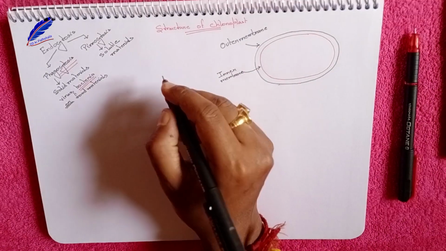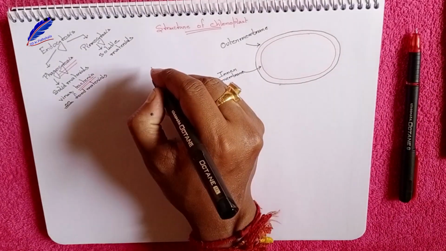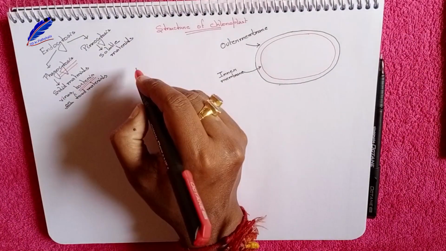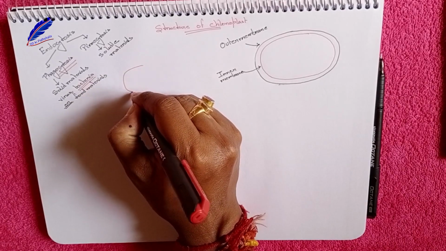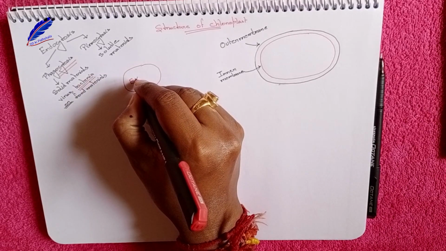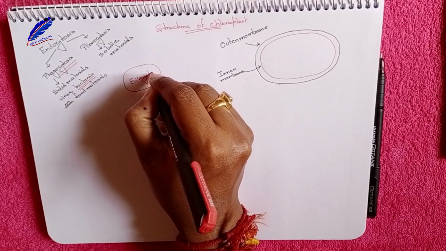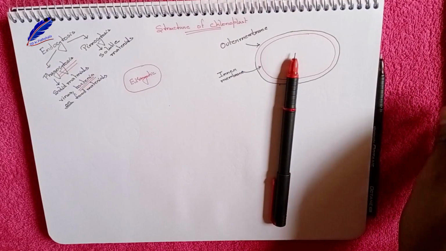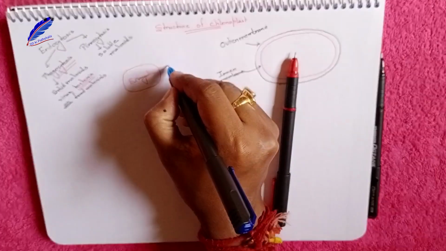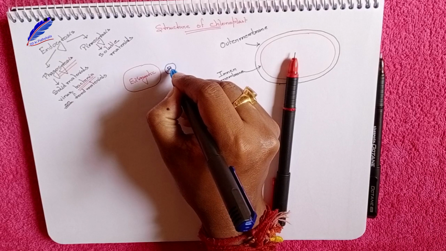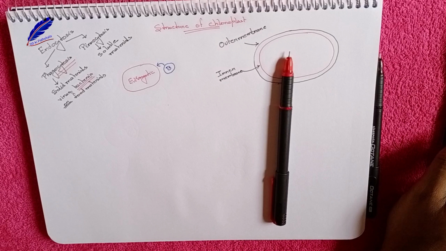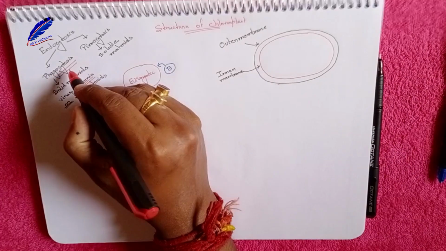Now while entering into the eukaryotic cell, what happens is that suppose this is a eukaryotic cell, and suppose this is the bacteria that is willing to enter into the eukaryotic cell by the process of phagocytosis.